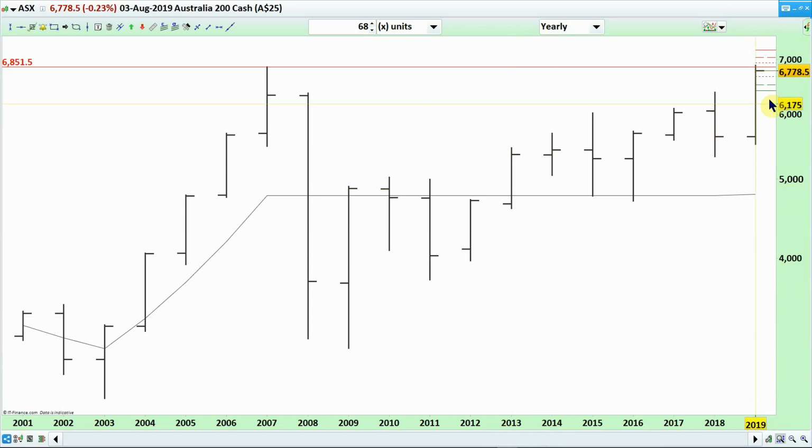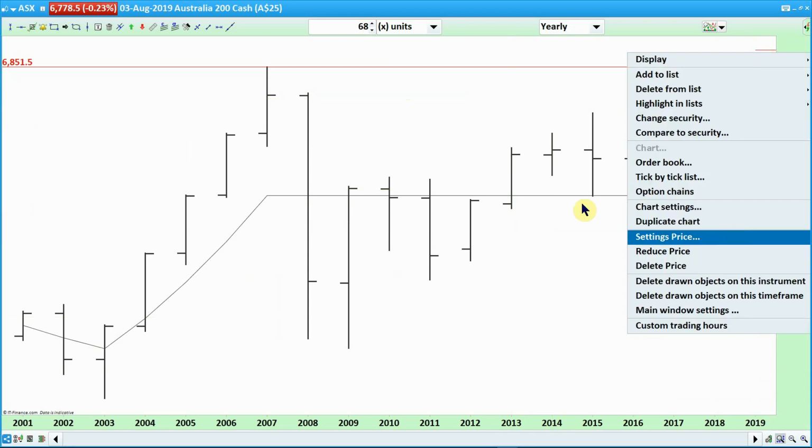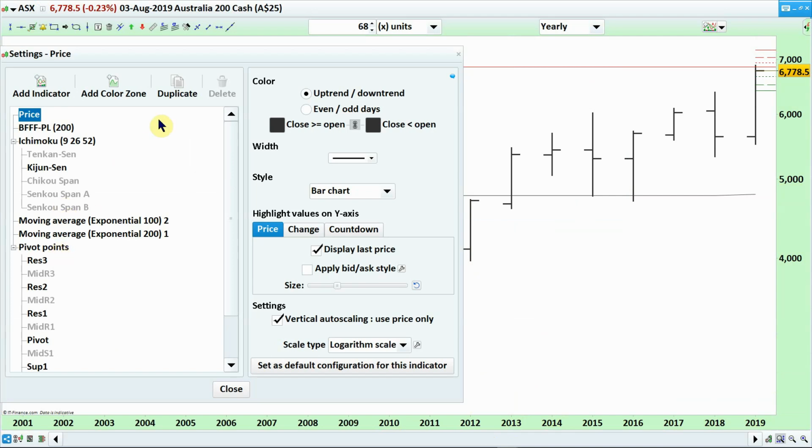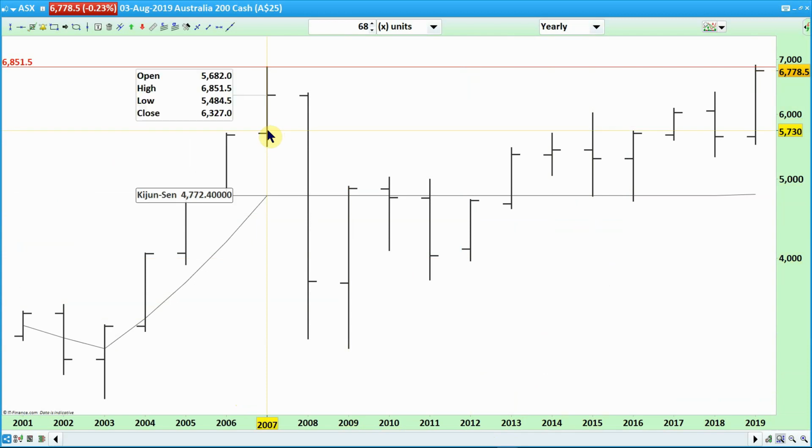Yeah, so we can actually see here, if we delete the pivot points, 6851.5 was the highest point for index ASX, Australian Stock Exchange, which happened before the global financial crisis.